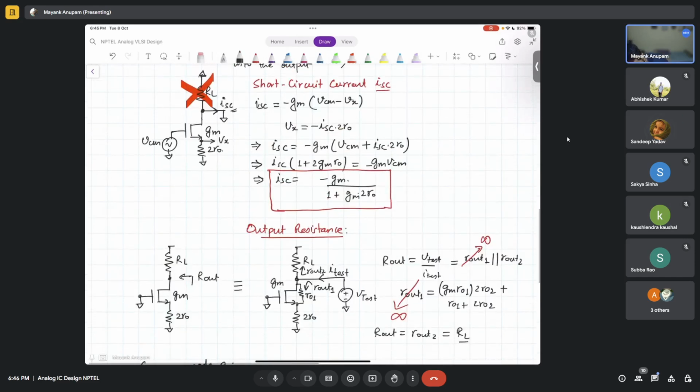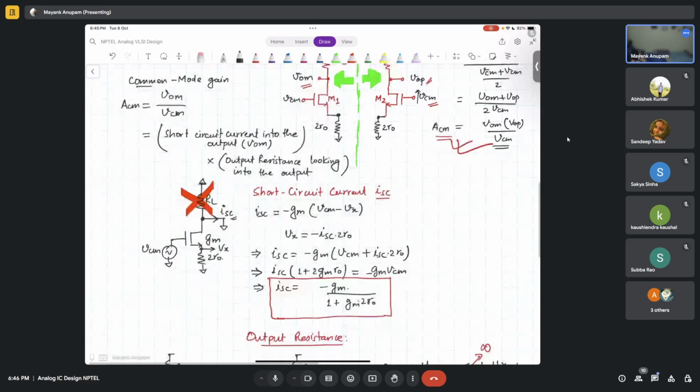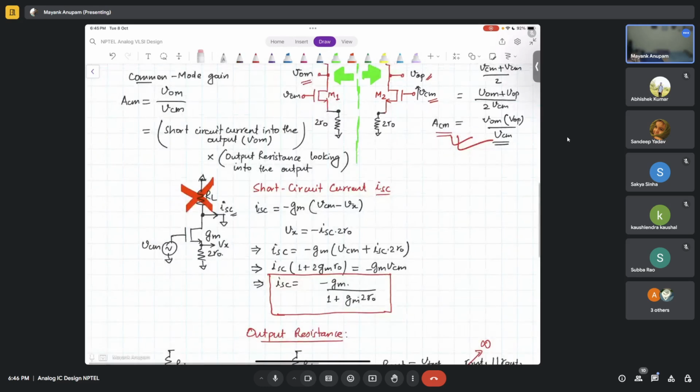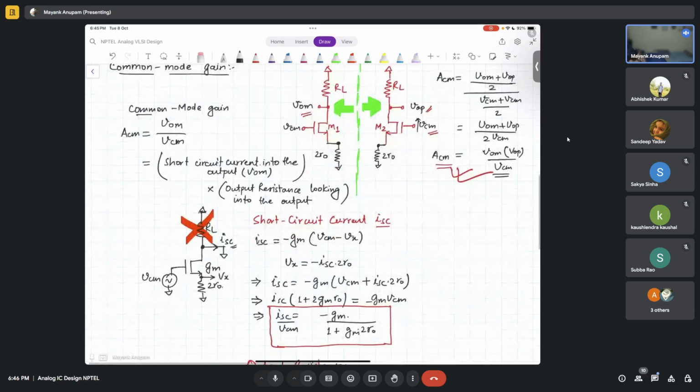So it's not just short circuit current, it will be ISC divided by VCM. Short circuit current gain, you can say, not current gain, it's not correct. Short circuit current into the output V1 divided by its input voltage.